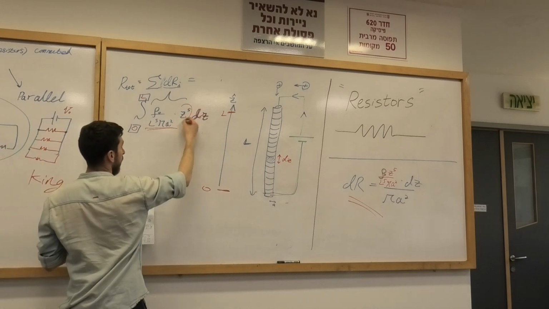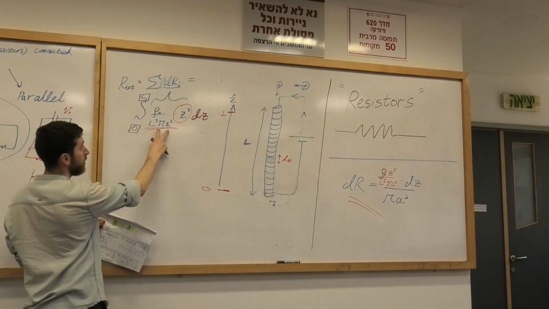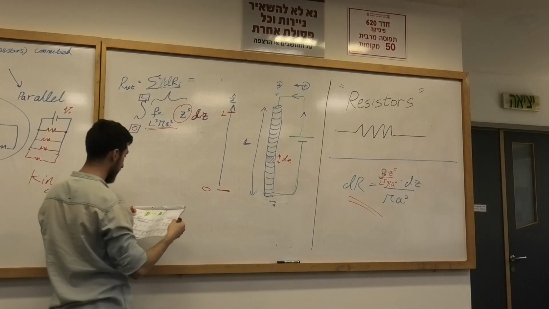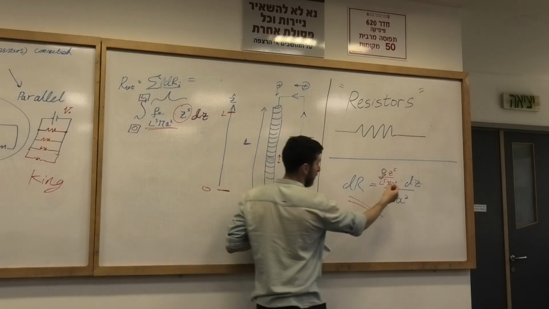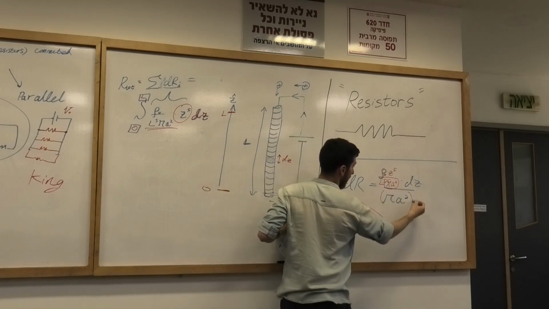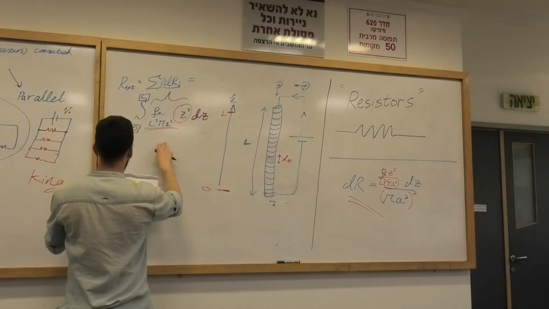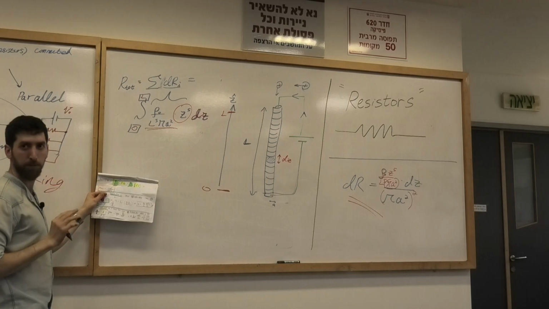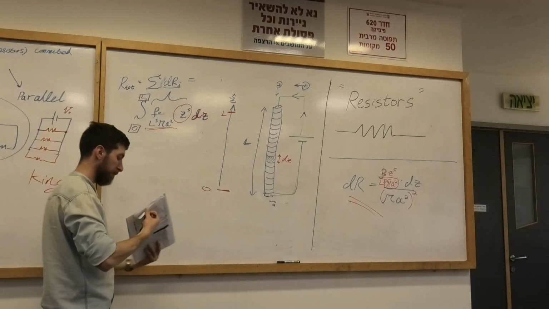Is it pi a squared or pi squared? Pi a squared, yes. But don't we have another component in there? You are right, because we have this pi a squared, so this I think is squared, right? Yes, okay. I think there is a mistake here. Let me check that. But for now, let's forget about it. Sorry for that. Let me validate that.